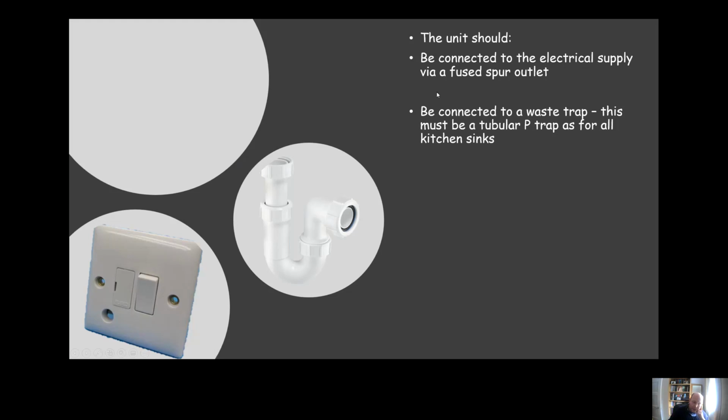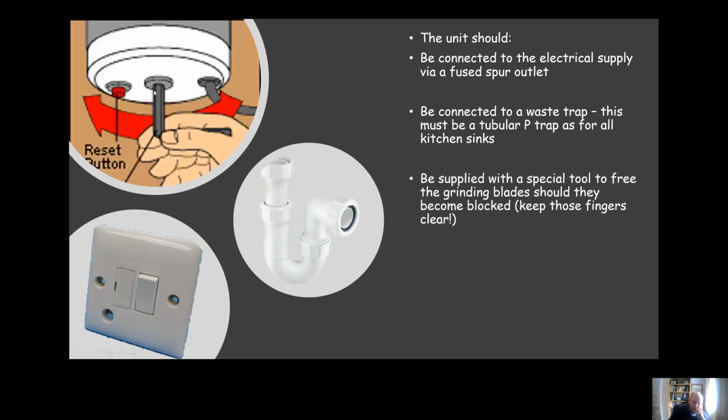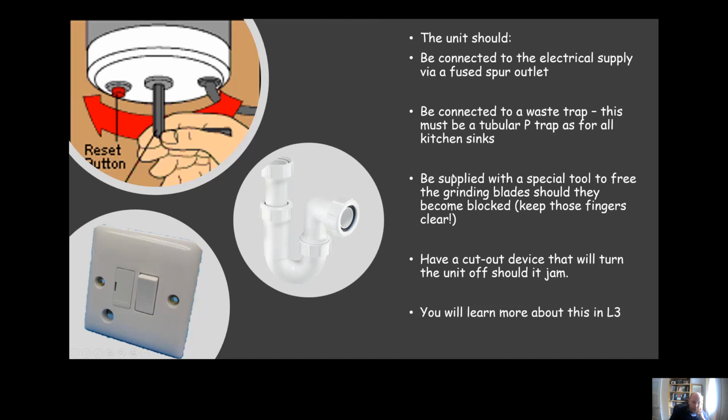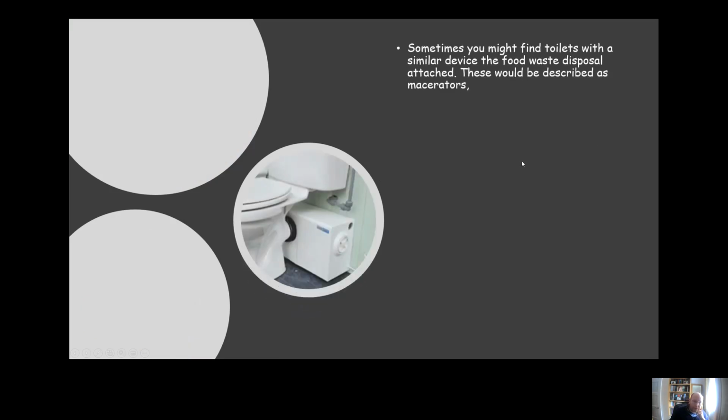So the best trap to use for a kitchen sink, particularly if it's got a waste disposal unit fitted, would be a P-trap. Okay, it should have a special tool to move the blades from underneath in case there's some sort of blockage there. And it would have a cut-off device as well. Something we'd look at in a lot more detail at level 3 if you did it. Okay.